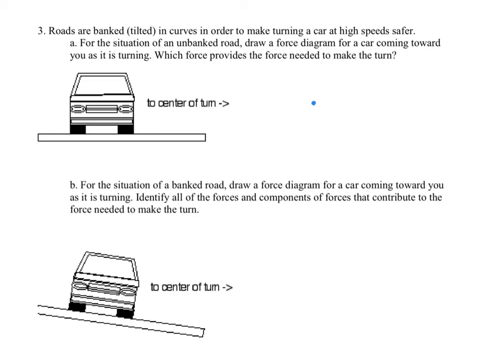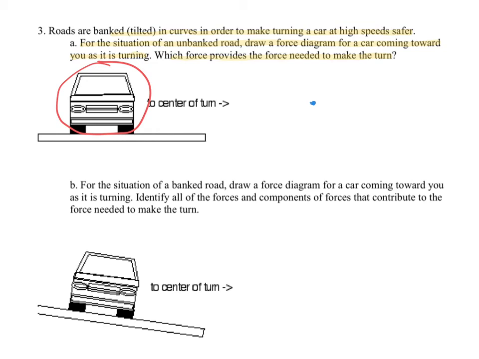Roads are banked or tilted in curves in order to make turning a car at high speeds safer. For the situation of an unbanked road, draw a force diagram for the car coming toward you as it's turning. Which force provides the force needed to make the turn? Well, let's draw a force diagram. Our object of interest is the car.